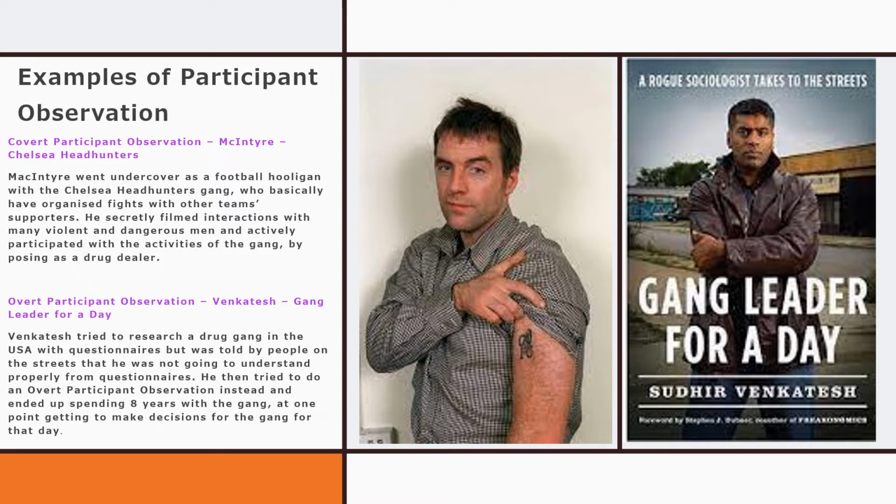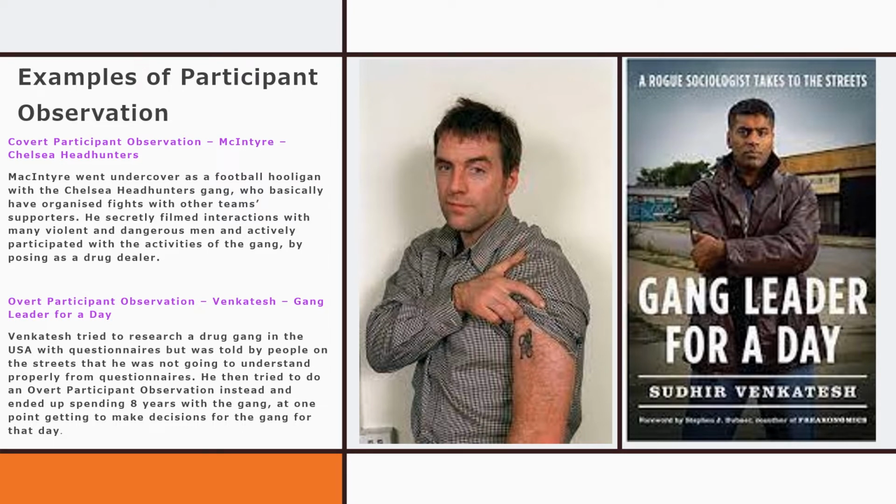Apparently each football team has their own group of hooligans and organised fights, and so he wanted to join that for Chelsea. And he secretly filmed a lot of the interactions with some of these Chelsea headhunters. He pretended to be a drug dealer to kind of get into the group and joined in with many of the activities of the gang, including violence.